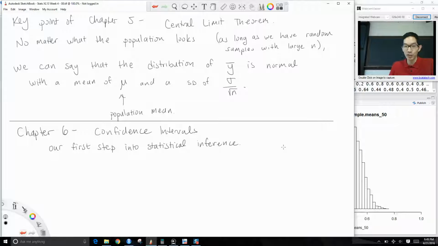Yes, exactly. The big idea is we have a population which is too big to be observed.